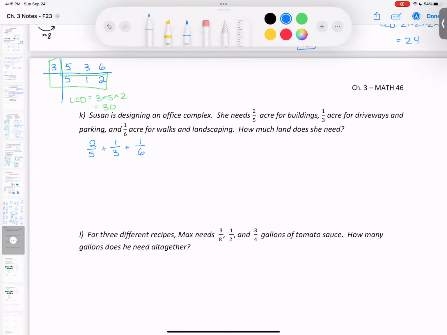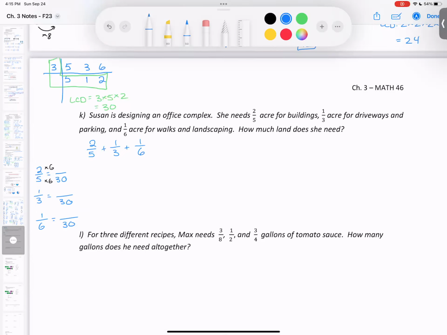So I'm going to write each of these fractions then as a number over 30. Okay, so to get from the 5 to the 30, I had to multiply by 6.